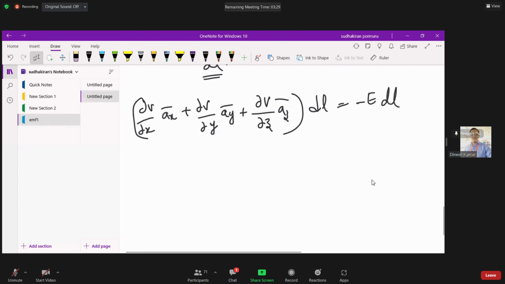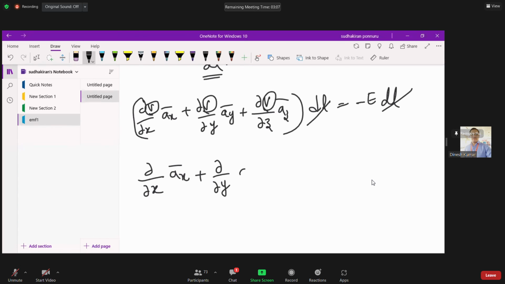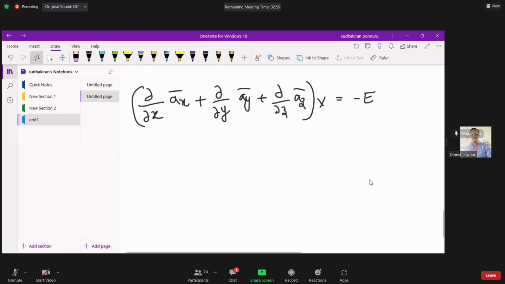Now on both sides you have dL, so they cancel out. In each term you have V, so I am taking V common. I am writing the expression (∂/∂x ax bar plus ∂/∂y ay bar plus ∂/∂z az bar) multiplied by V is equal to minus E.